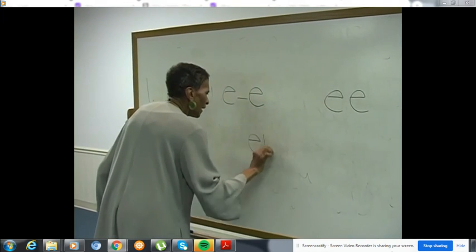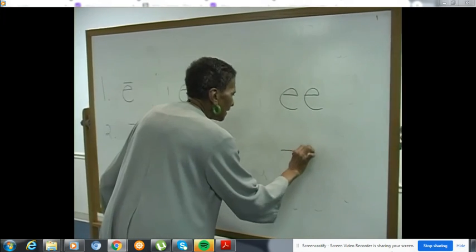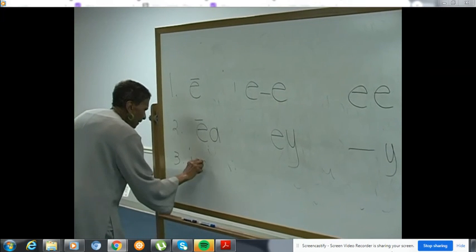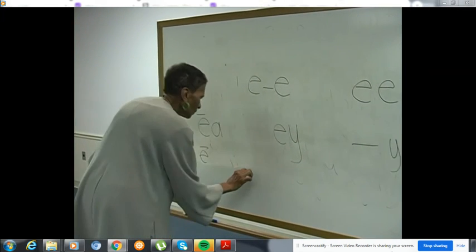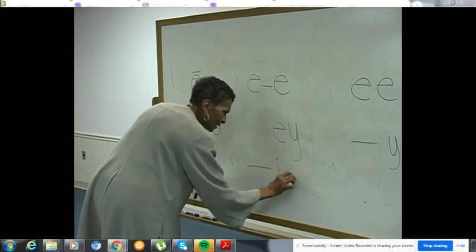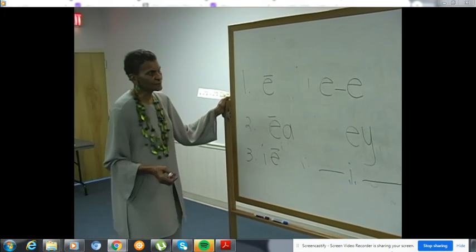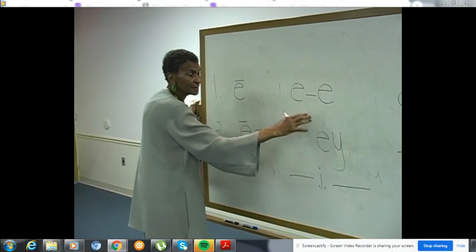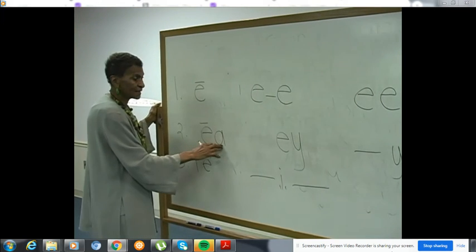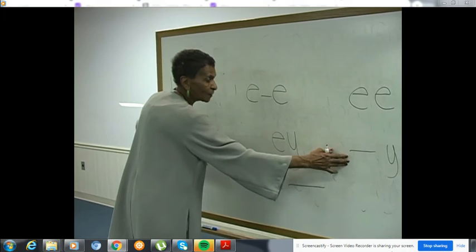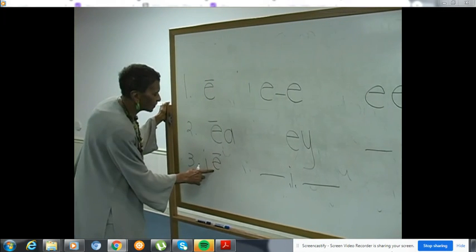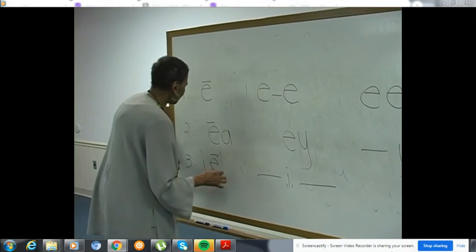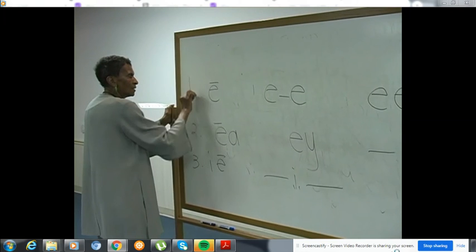Here we have EY. Blank Y. IE. And two-dotted I. Let's look at the sounds for E. Single E says E, E blank E says E, double E says E, EA says E, EY says E, blank Y says E, IE says E, two-dotted I says E.